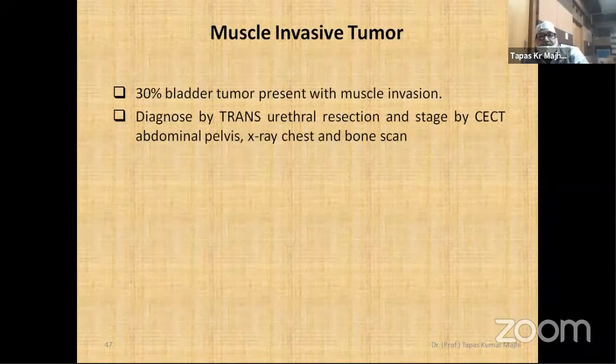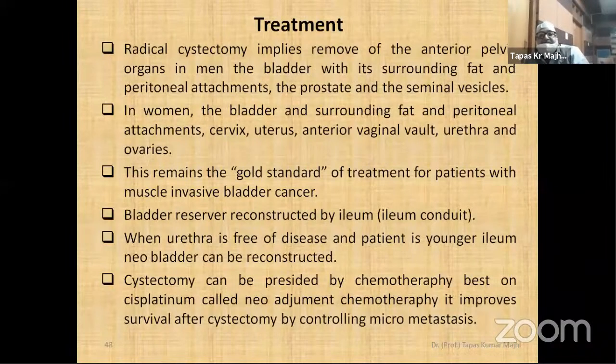Muscle invasive tumor is a broad spectrum of tumor. 35% of patients present with muscle invasion. Diagnosis is done by transurethral resection, staged by CT of the abdomen, pelvis, chest, and bone scan. Radical cystectomy implies removal of anterior pelvic organs.